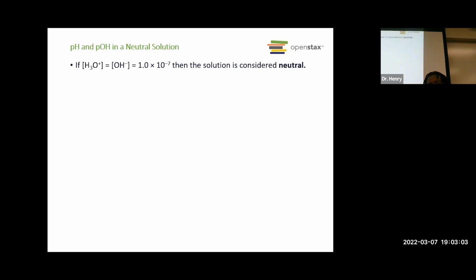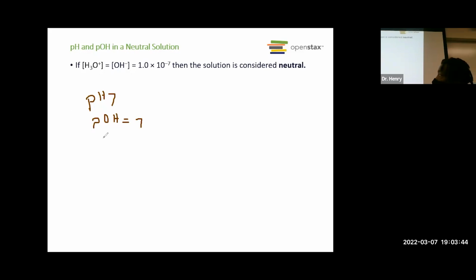So as we know, neutral pH, neutral pOH is going to be 7, right? Let's take a step back. All this is taking the log of what we've done prior. So it's just going to be pH 7 and pOH 7, and that's going to be neutral.